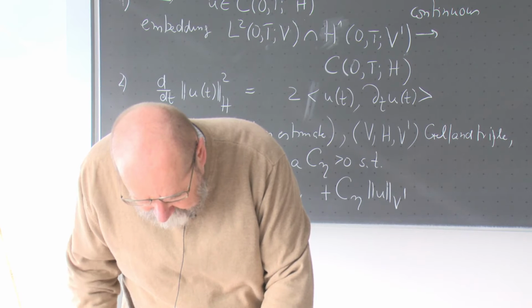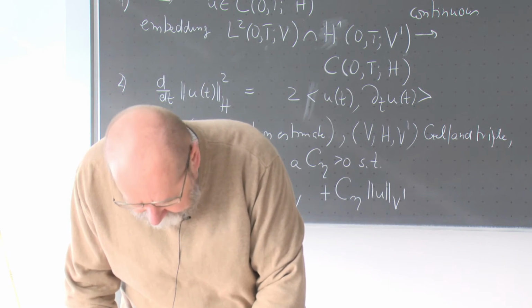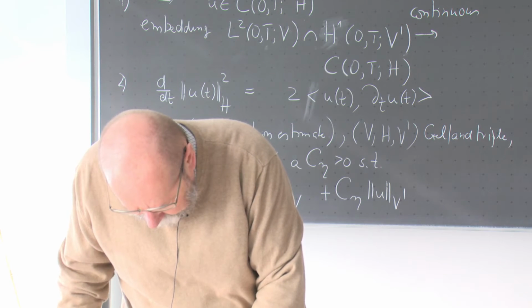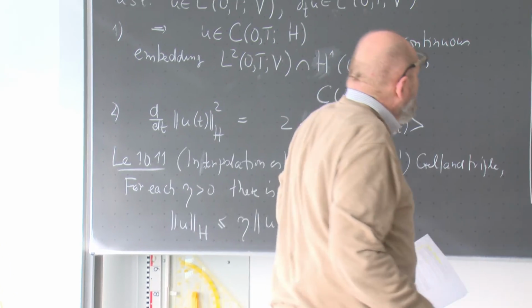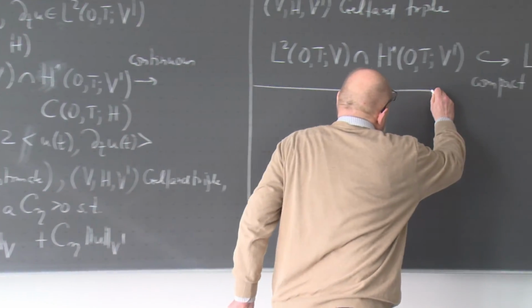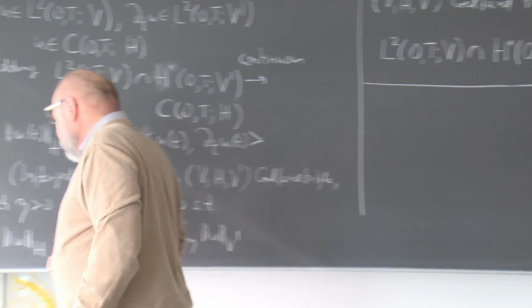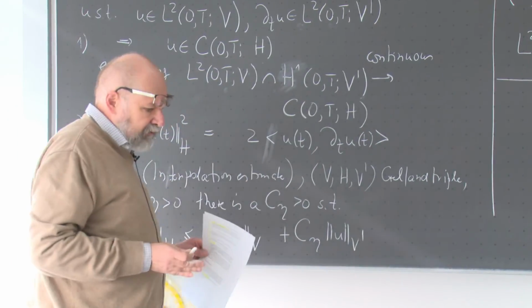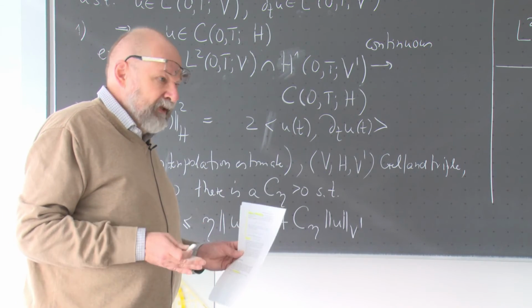Now we can go back to what we started already, namely the proof. What we are going to do is approximate in time by discretization in time. We have the implicit Euler method.